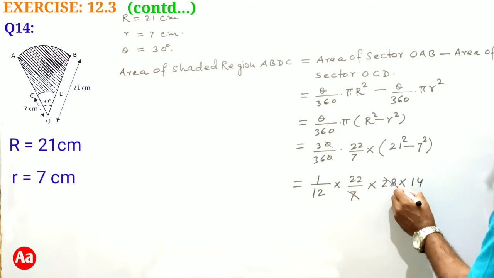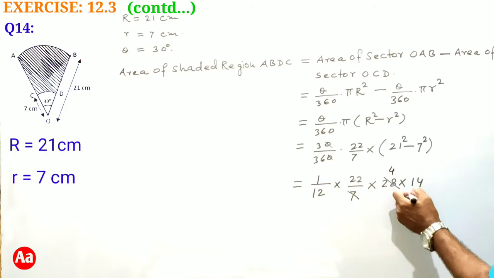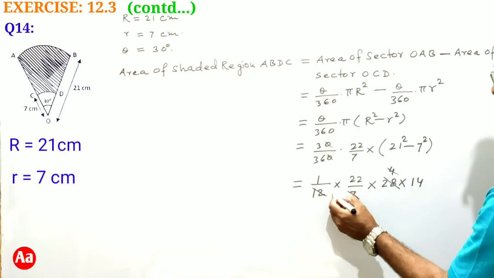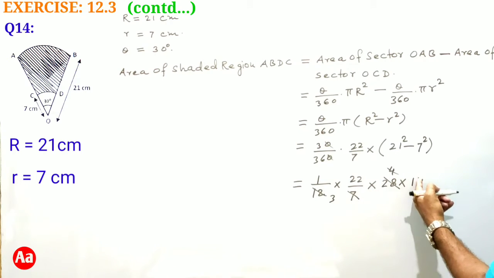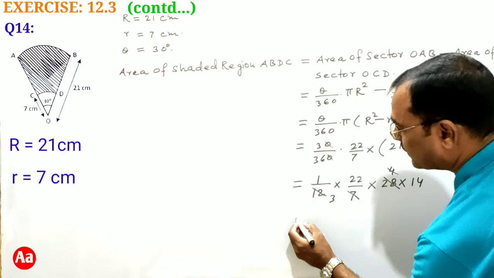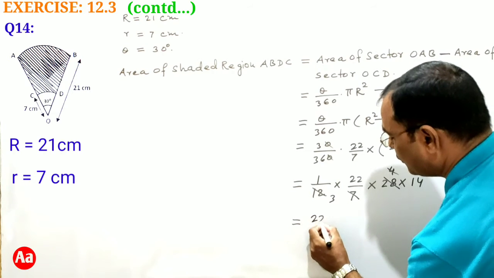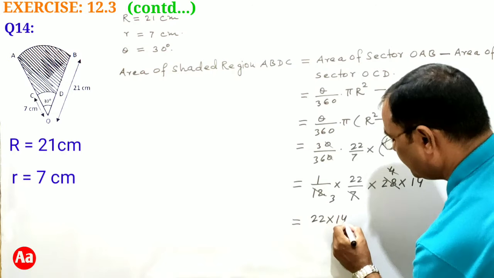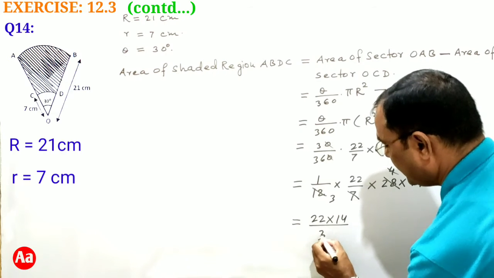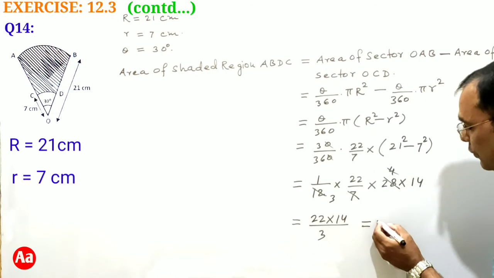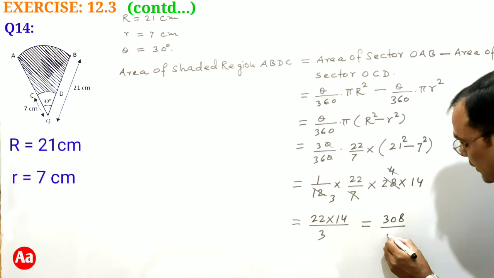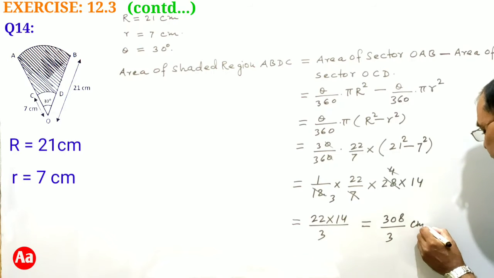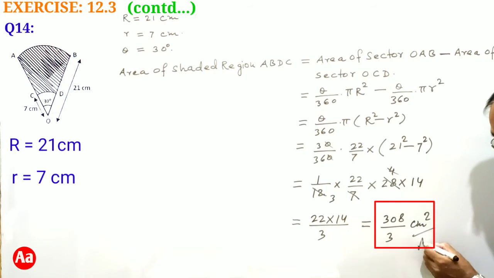Seven 4s are 28, 4 3s are 12. 22 into 14 by 3. This is equal to 308 by 3 centimeter square, and this is the answer.